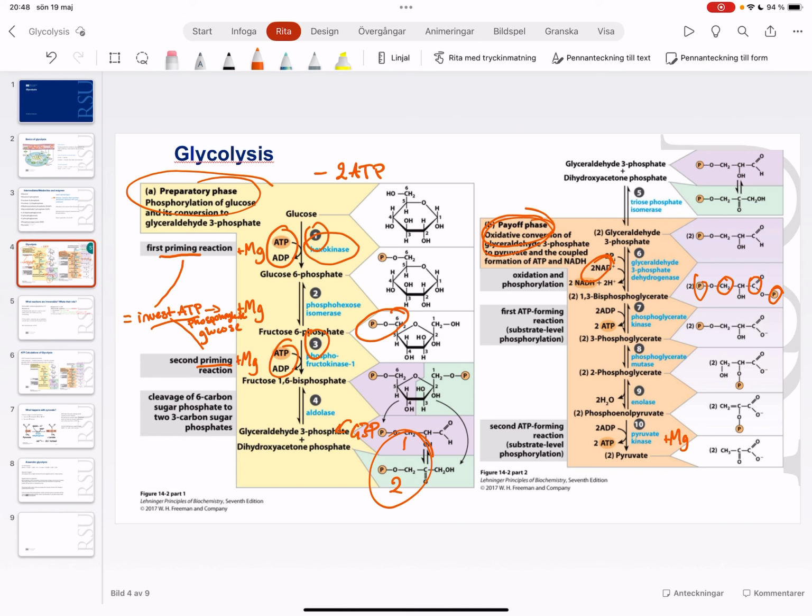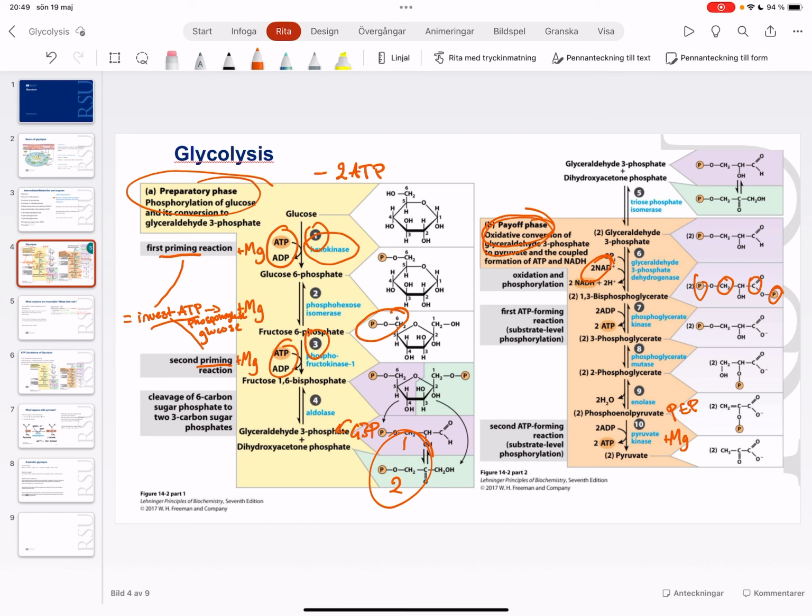And then we will go from 2-phosphoglycerate to phosphoenolpyruvate, or PEP. And we will do that by the help of enolase, which is a lyase. And this enolase will remove a water from the 2-phosphoglycerate, and it will produce phosphoenolpyruvate.